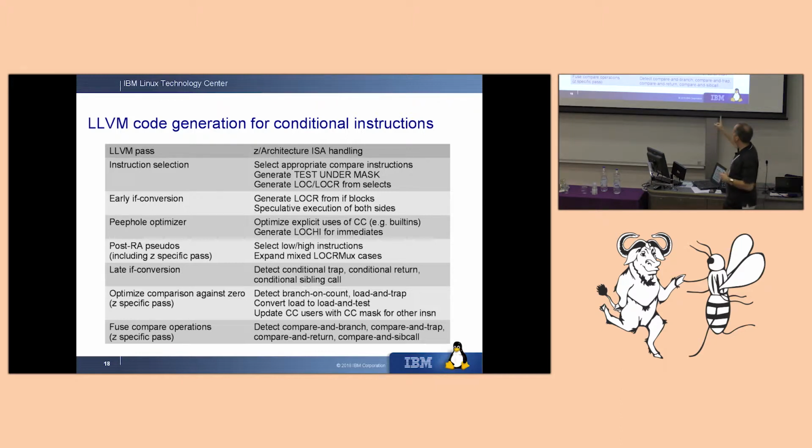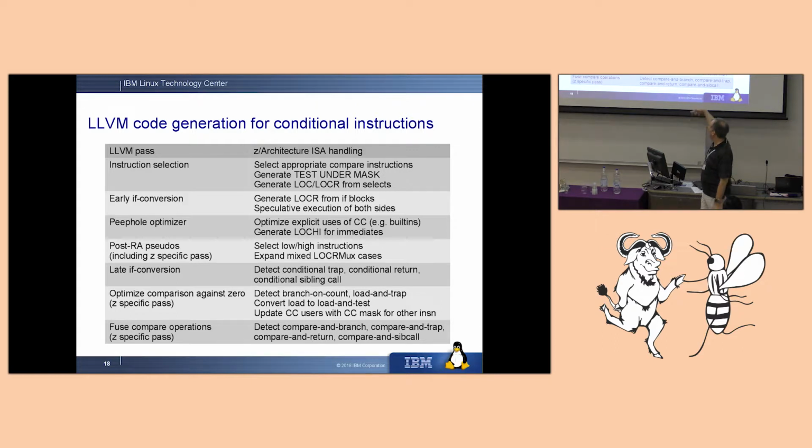But one part of it is that it interacts with the fact that we chose to support the hybrid facility as well, because some of these operations are not available on high parts, but only on the low parts. So if we, for example, were to use a compare and branch early, it would force it to use low registers.